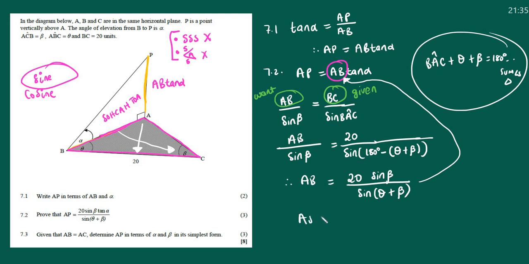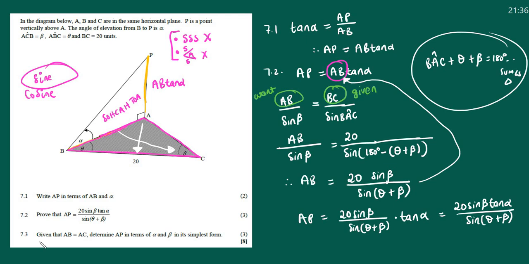So AP will be equal to 20 sine beta all over sine of theta plus beta, times tan alpha. It actually simplifies, because you can just write it as 20 sine beta tan alpha, all over sine of theta plus beta. Usually that's how we do it.